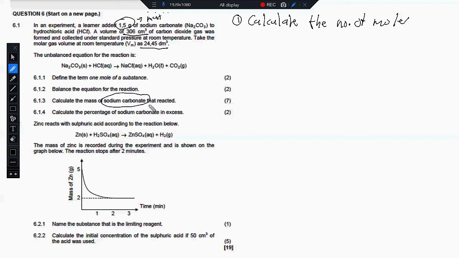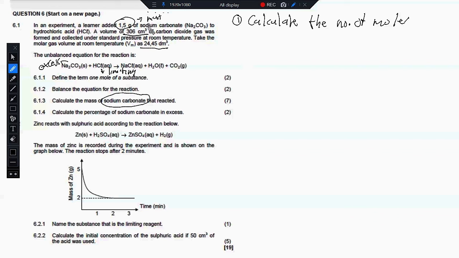If all of the 1.5 gram had reacted, then such a question wouldn't exist, right? So this must be the excess and this must be the limiting reagent, right? In any question, we know that we must tackle it from the limiting reagent.